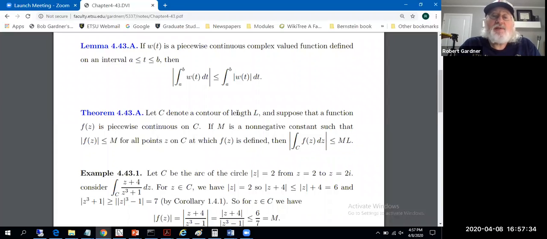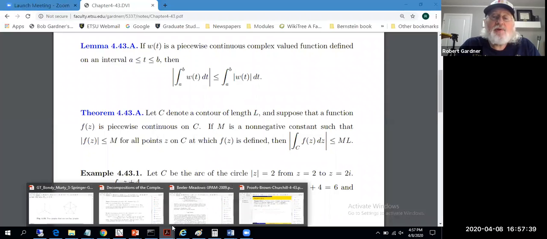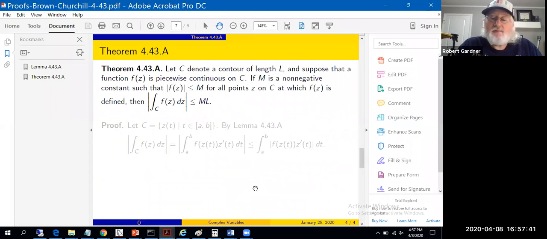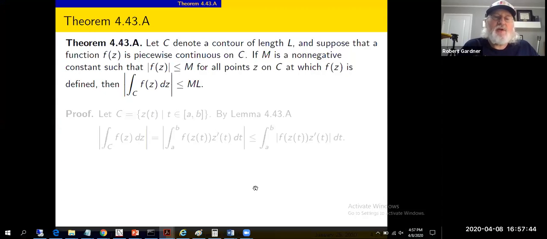This is quite easy to establish given we already have that previous result. It's just a matter of fiddling with the notation.